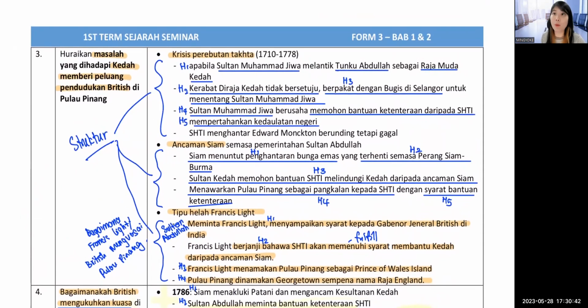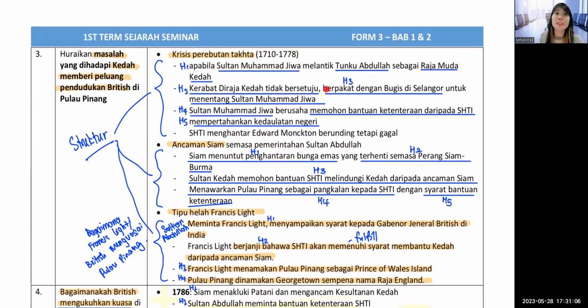For example, for our crisis perebutan takhta, we know that Sultan Muhammad Jiwa melantik Tunku Abdullah sebagai Raja Muda Kedah. Correct? And when Sultan Muhammad Jiwa, the Kedah king, appointed Tunku Abdullah as the crown prince, all the royal bloodline were not happy. Kerabat diraja Kedah tidak setuju. Why?